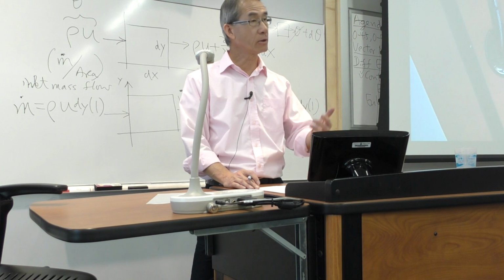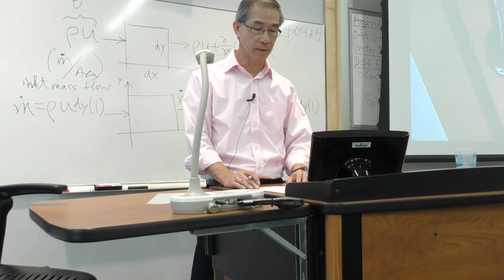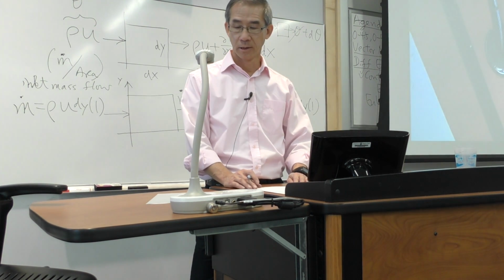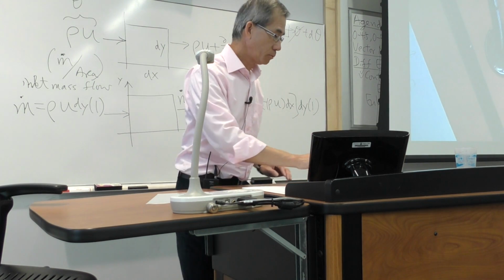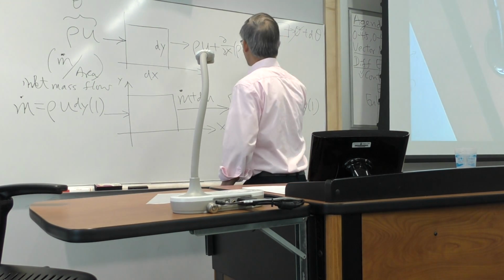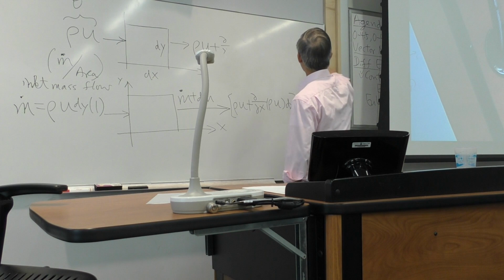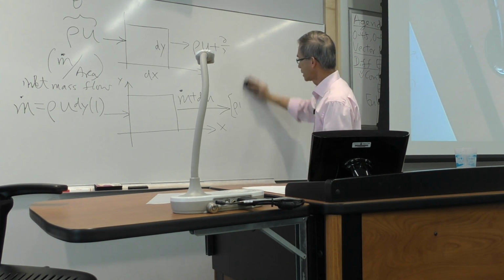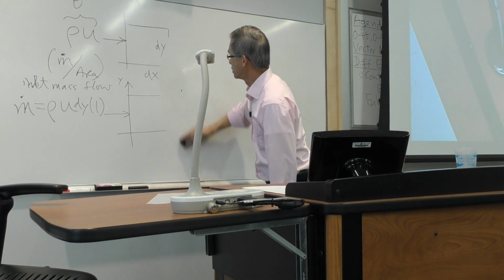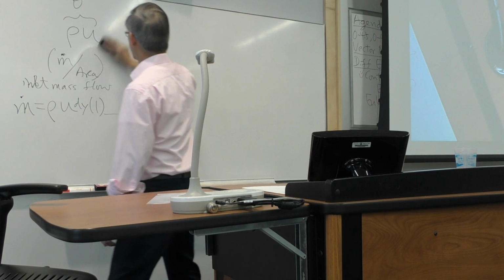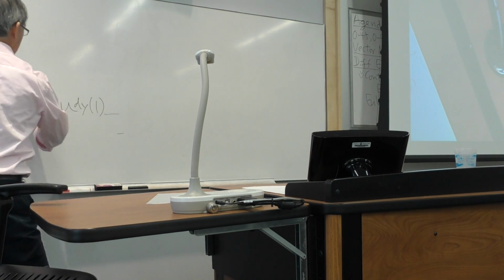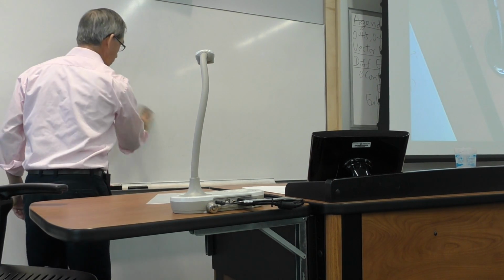All right, and the derivation is presented in your text, so you can read it also at your leisure. But before that, let me remind you of what the Euler's equation looked like in the streamline coordinate as a comparison. So at least you can draw a parallel between these two sets of equations. This is in your handout that was posted yesterday, so you can pull it up and look at it.